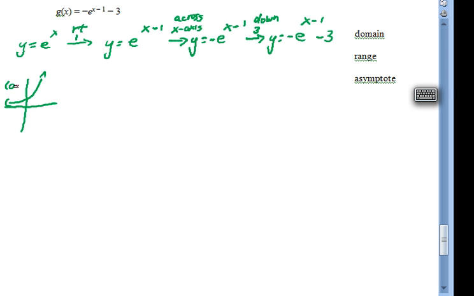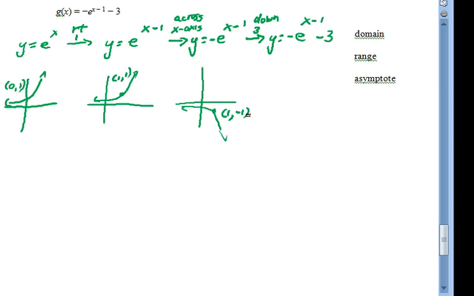So start with (0, 1) as the y-intercept. When we go right 1, we'll have (1, 1). When we go over the x-axis, we'll have (1, -1).